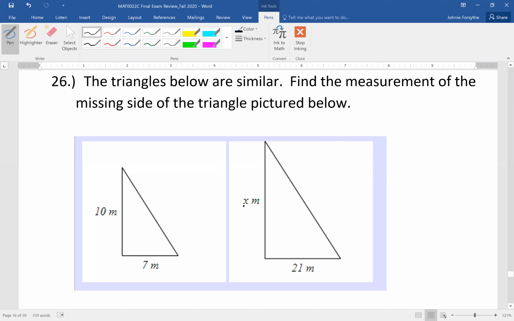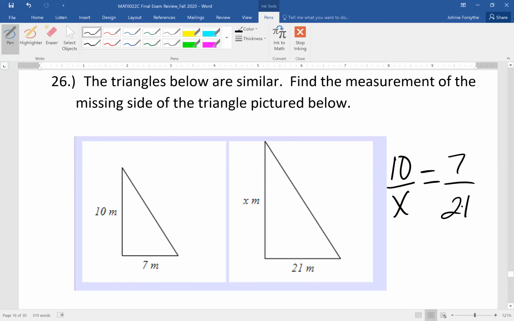So I could say 10 over x equals, I would need to set up that same ratio using the other sides. So in this case, if I did 10 over x for the first ratio, that's proportional to 7 over 21.